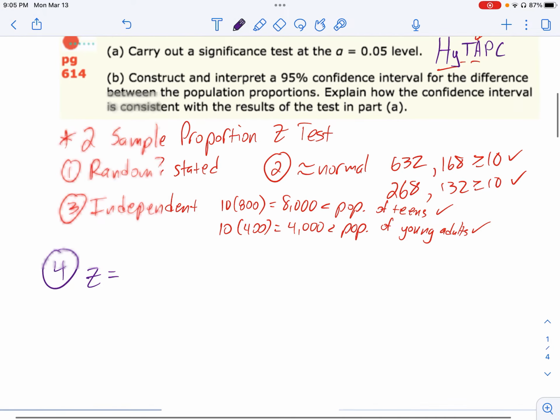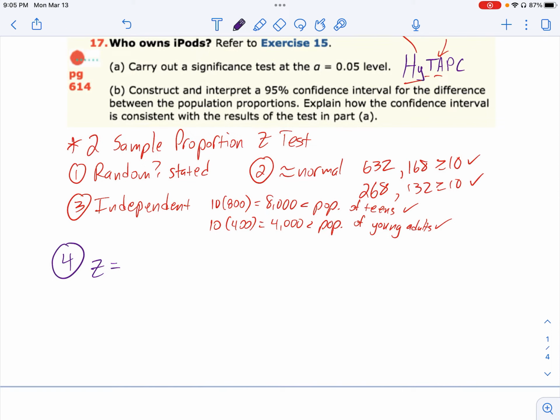So remember, you're going to subtract the two proportions on the numerator. So 0.79 minus 0.67. That, again, if I was doing a point estimate, that would be it. I'm not making an interval, but that would be my point estimate. Minus 0. Remember, where does that 0 come from?